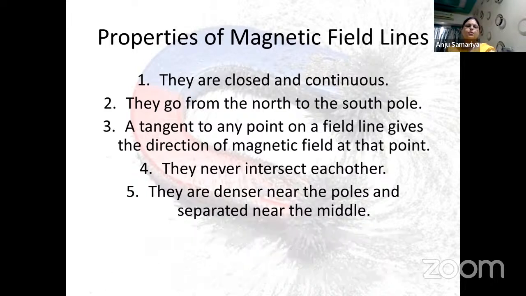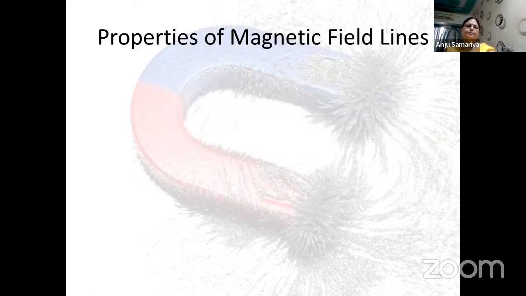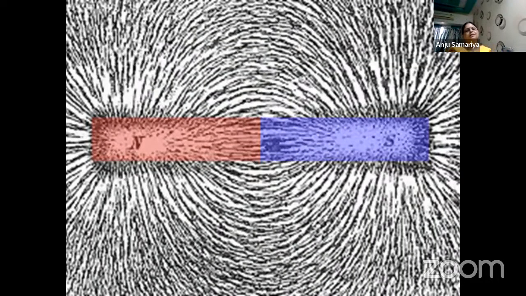Let us go back to the figure. Look at this. These are magnetic field lines. They start from the North Pole and go to the South Pole externally. These field lines are closed continuous curves. Now look at a very small part.